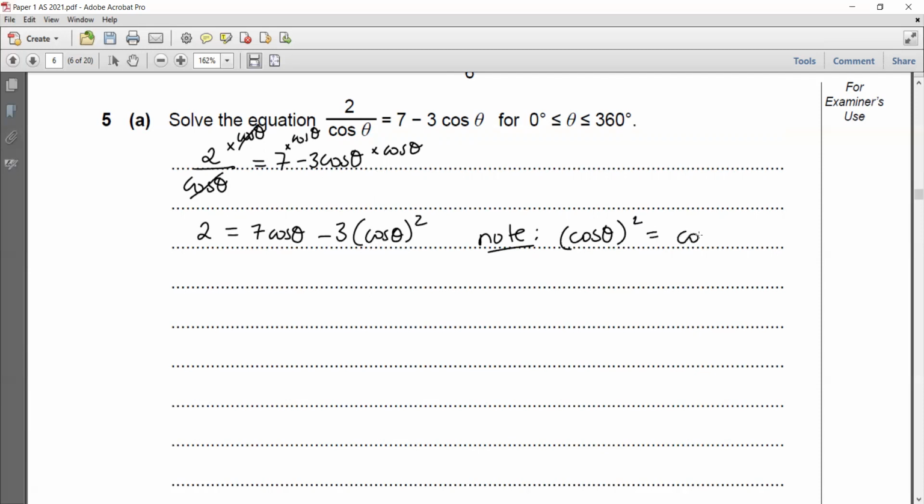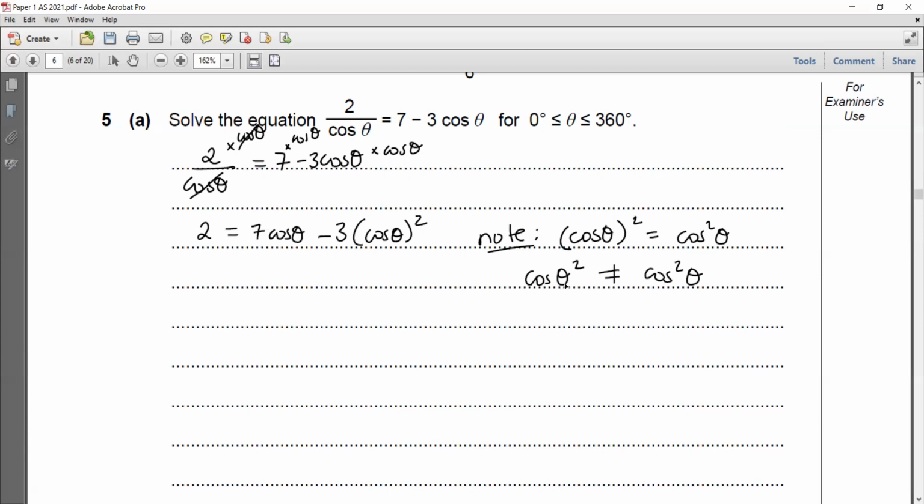We write it as cos squared theta. So when you see this, you should know that it means cos theta multiplied by cos theta. And here, very important, the brackets do make a difference. So also take note that this is not the same as this. These two are not the same thing, okay?